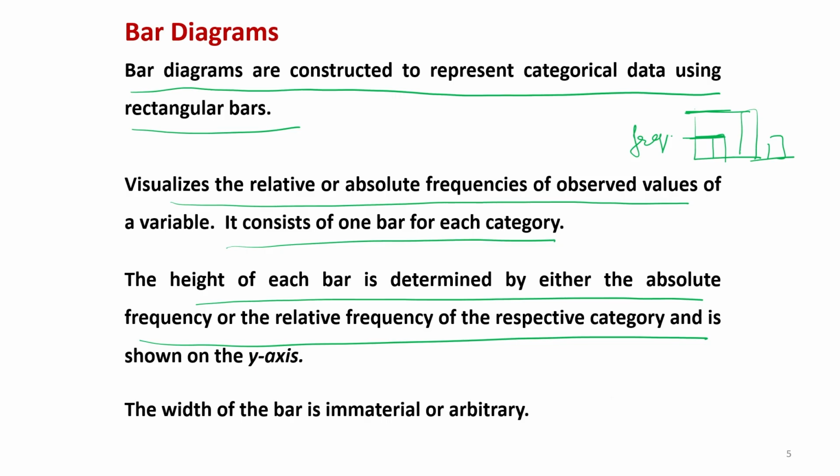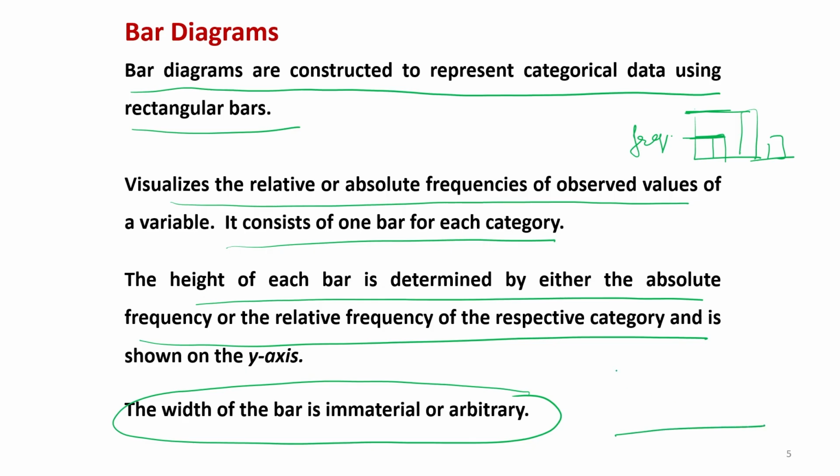One thing you have to keep in mind is that the width of the bar is not important. It is immaterial and it can be arbitrary also. Right. For example, if I create a bar diagram like this one, here the width is not important, only the height is important. Sometimes people get confused with the histogram.